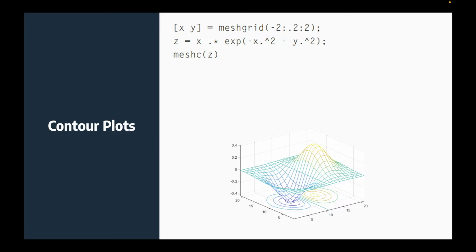Now here we're saying the function z equals x times e to the power of minus x squared minus y squared. You say meshc of z, that will create your contour plot. So it's like mesh contour of z. That's the meshc of z. Mesh alone will create only the mesh, but meshc will create the contour.